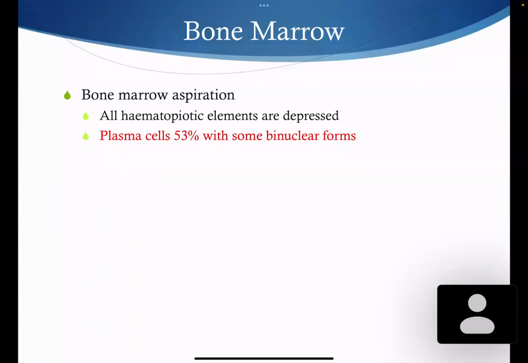So bone marrow aspiration and usually a bone marrow biopsy is done to avoid a dry tap that might give you an inconclusive result. So usually we do the aspiration and the biopsy all together.